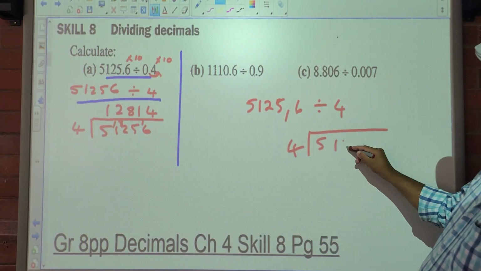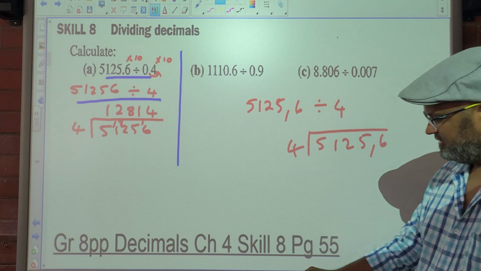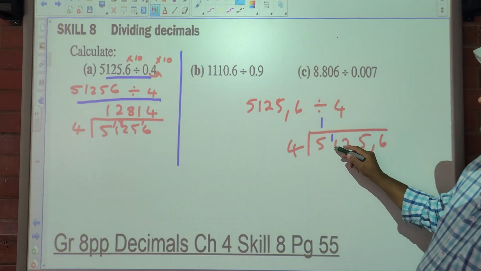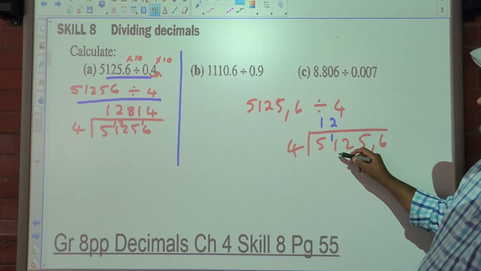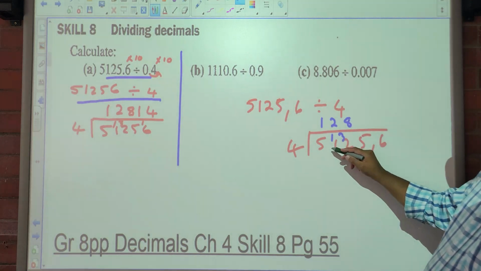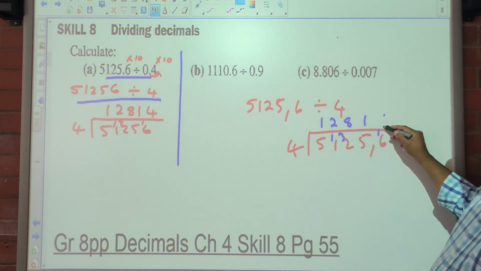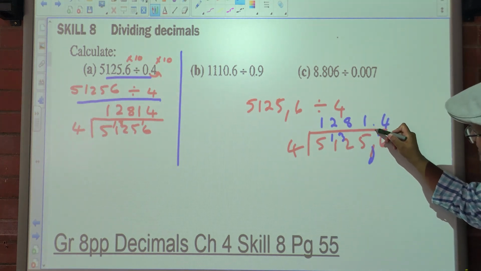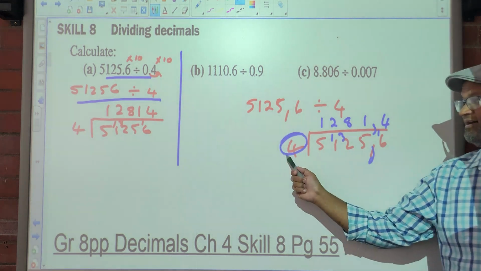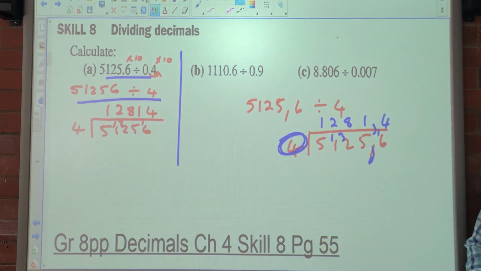I do my long division: 1 carry 1, 2 carry 3, 8 carry nothing, 1 carry 1, and 4. And then the comma goes in line. You see, we will be in the same line. As long as this is the whole number here, that will always be in line.